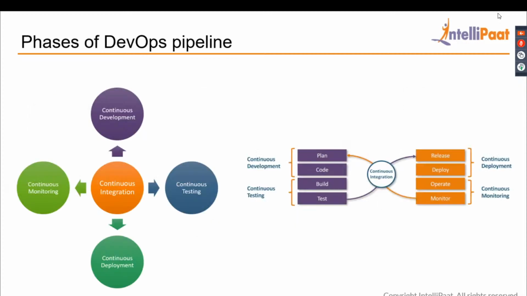Okay, so now the phases. I'll just tell what they are and then explain them. First would be continuous development, then testing, then deployment and monitoring. To keep all this together, we need the fifth element, which is continuous integration, which basically keeps the entire DevOps pipeline running.